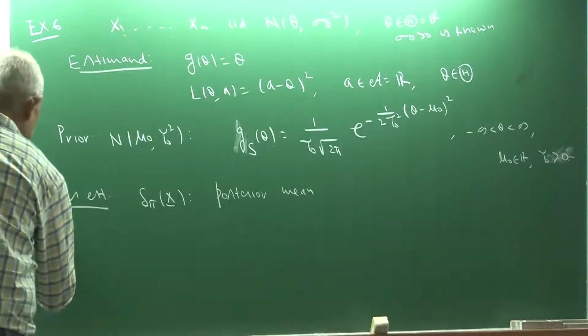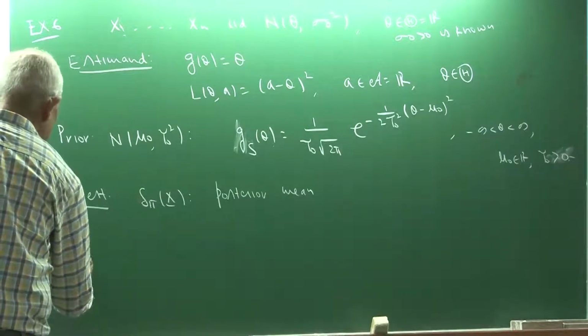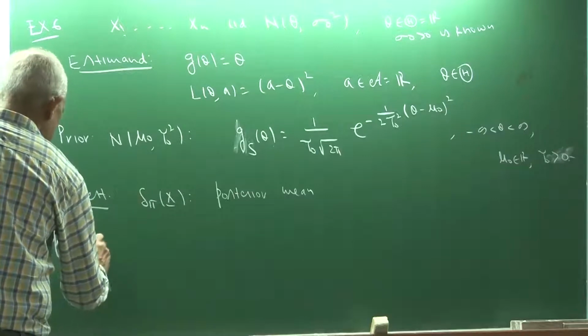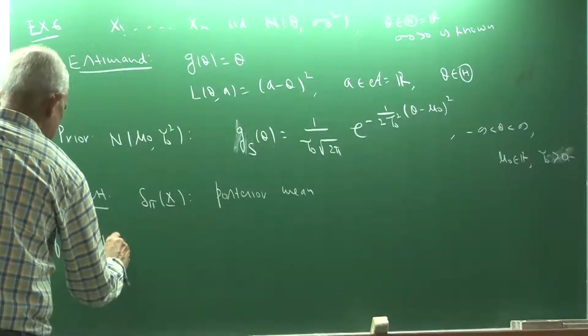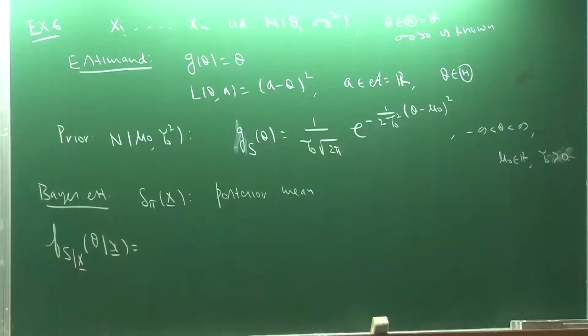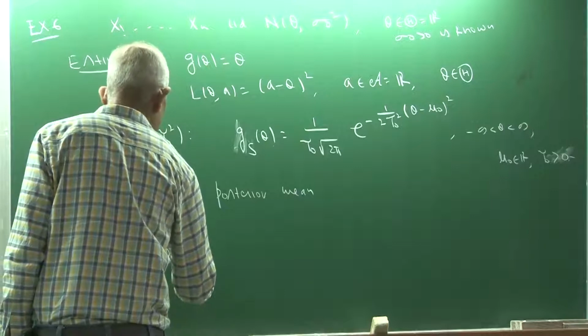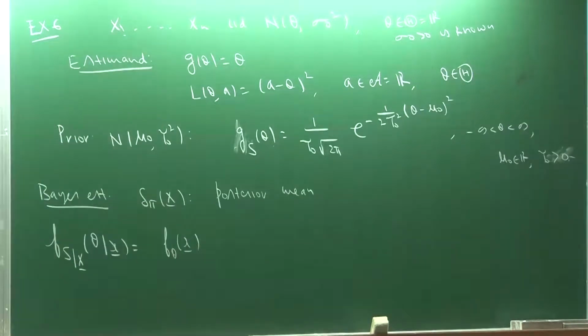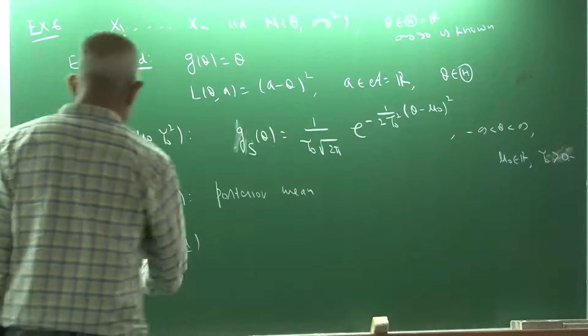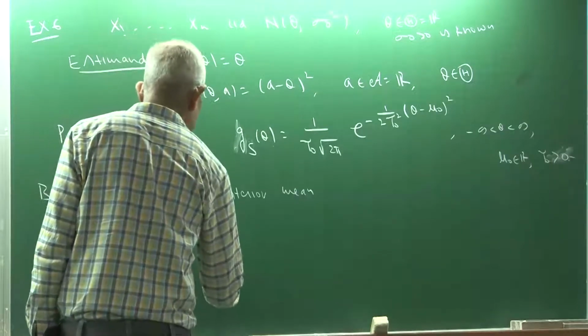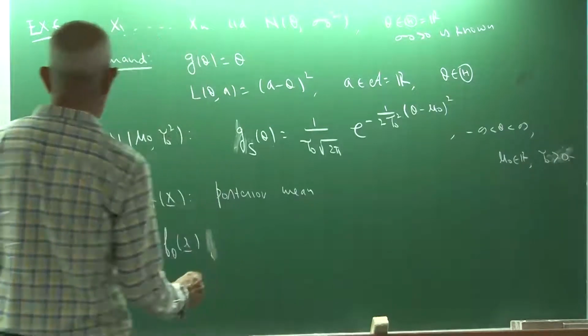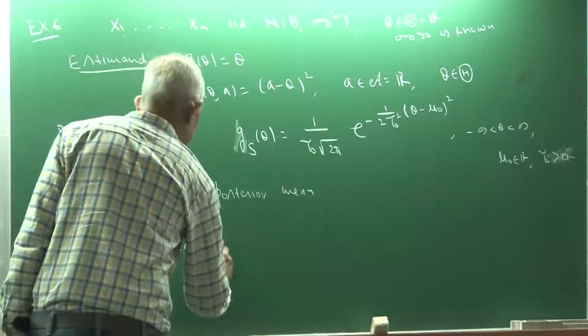So posterior PDF is f of s given x, when s is fixed at theta and x is fixed at small x, which will be nothing but f(theta, x), that means joint distribution of x given theta, into density of marginal of theta, which is f_s(theta), which I am denoting by g_s(theta).